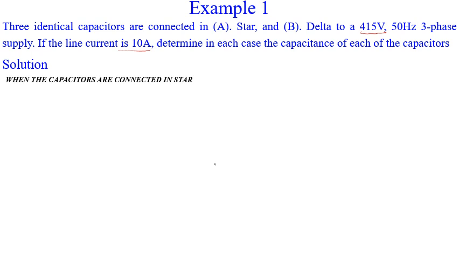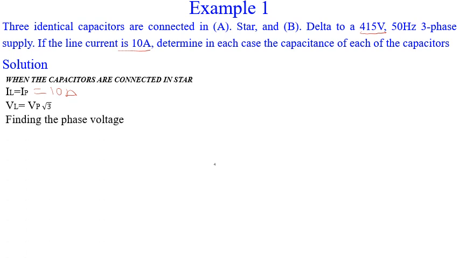When the capacitors are connected in star, I call on all my star formulas. We said for star, line current is equal to phase current, and line voltage is equal to phase voltage times root 3. They said the line current is 10, meaning our line current and our phase current is equal to 10 amps for star.